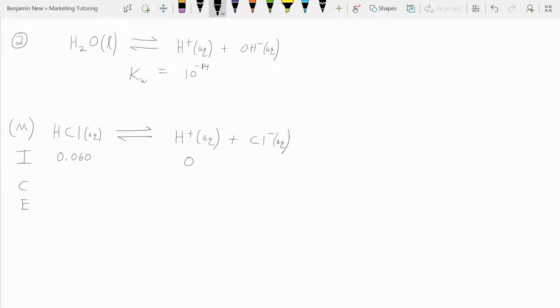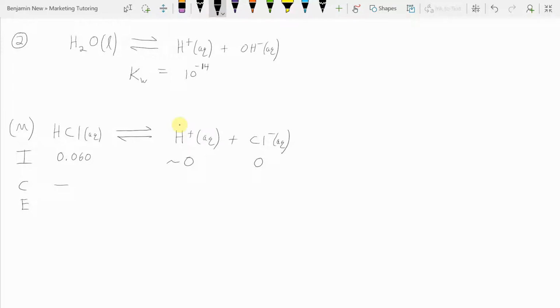So from the perspective of 0.060, it's essentially 0. And Cl minus is in fact 0. We didn't allow that HCl to split up yet. Now we define a change. Well, this is the only one with anything in it, so the only place for this reaction to go is to the right.